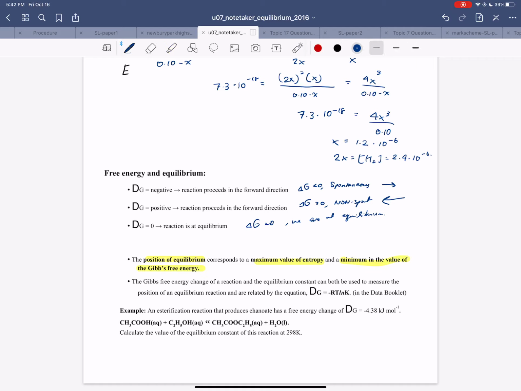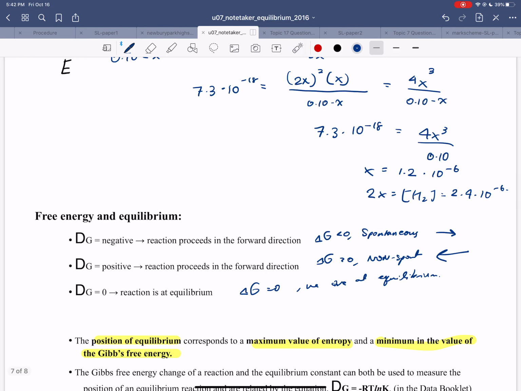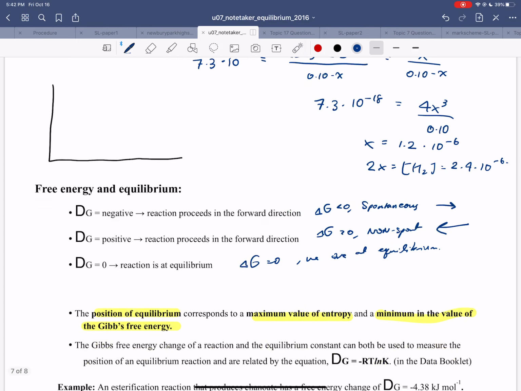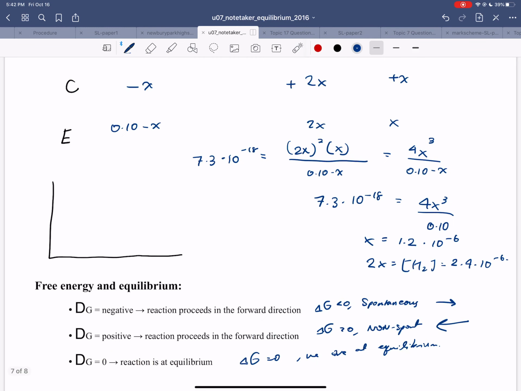So what that means is, if we were to graph, for example, a general spontaneous reaction where delta G is negative, let's call this Gibbs free energy. And this is the reactant side.